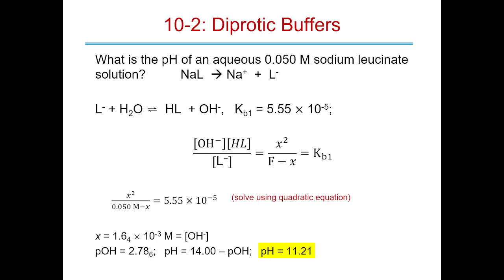Okay? We can always solve it using the quadratic equation. That's never a problem. So if we solve it, we get x equals 1.64 times 10 to the negative 3. That's on that cutoff point where I would use the quadratic equation, okay?